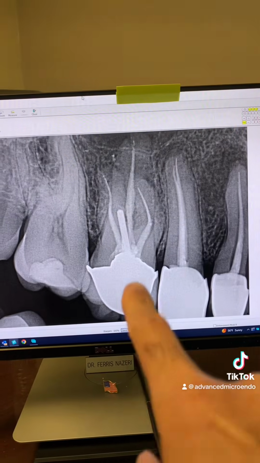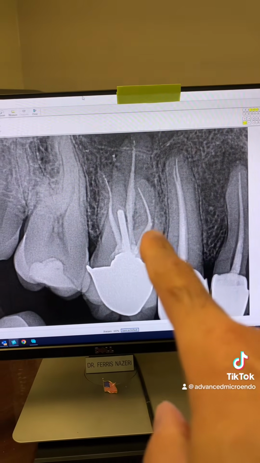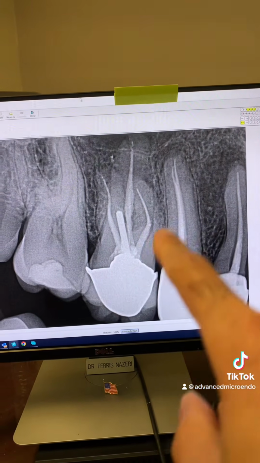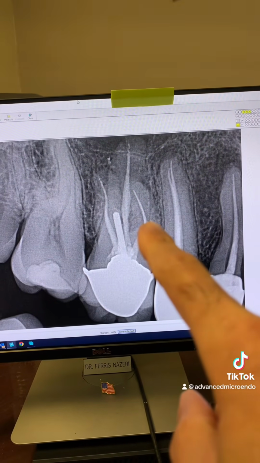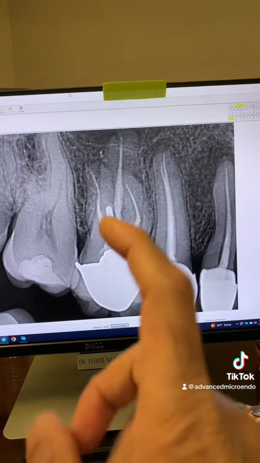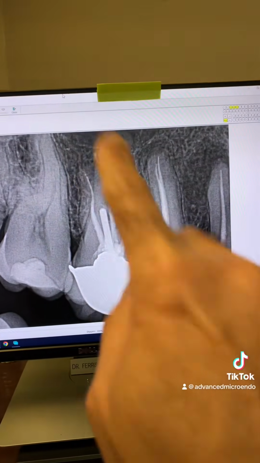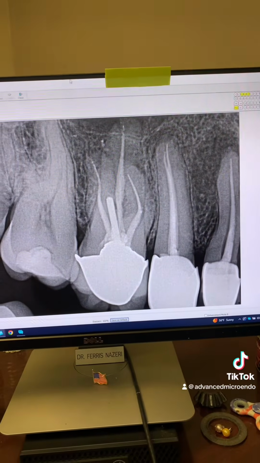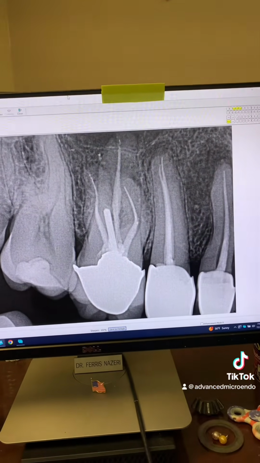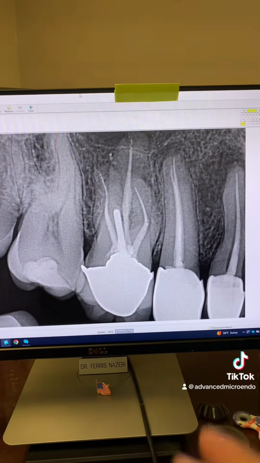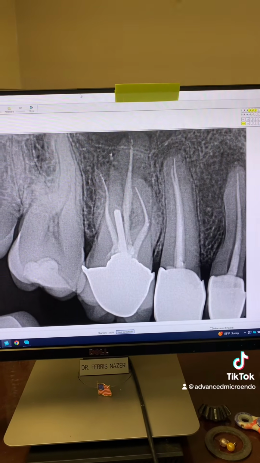So we went through the crown and removed this post, and of course there was a missed MB2. I didn't even try to remove this broken file because it's broken beyond the curvature of the tooth. I tried to bypass it, I couldn't.